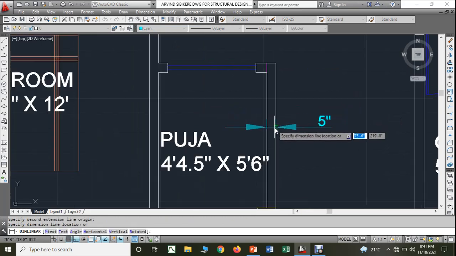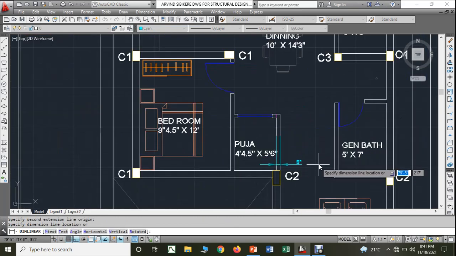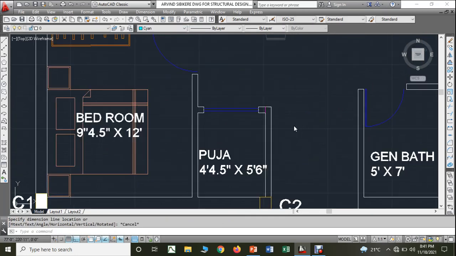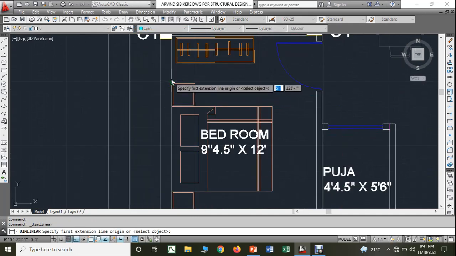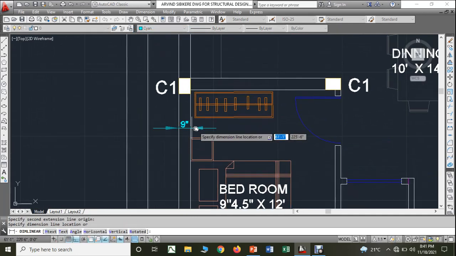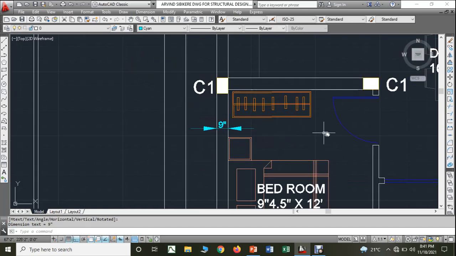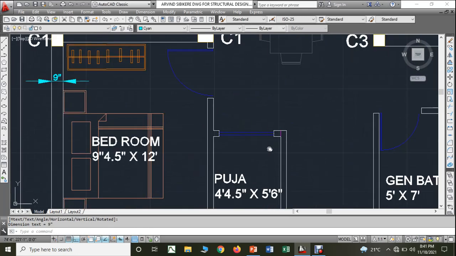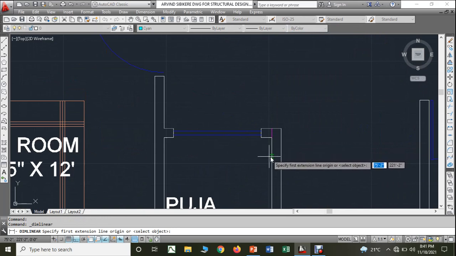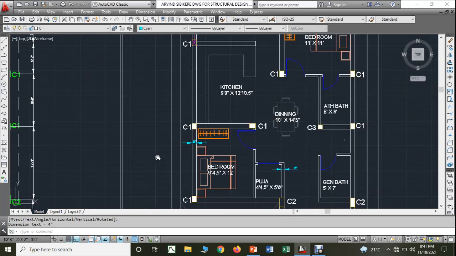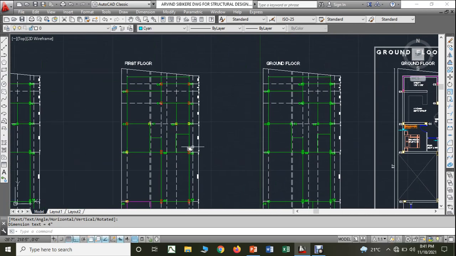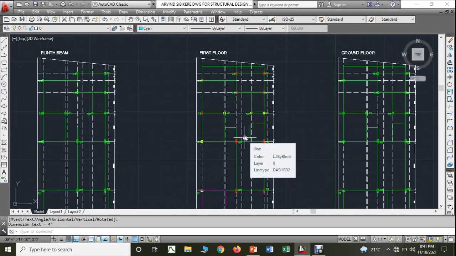You can see only the partition walls are 5-inch walls, whereas all the main walls are 9-inch walls. Since the main walls are larger in number, we will make the shorter dimension of the column equal to 9 inches.